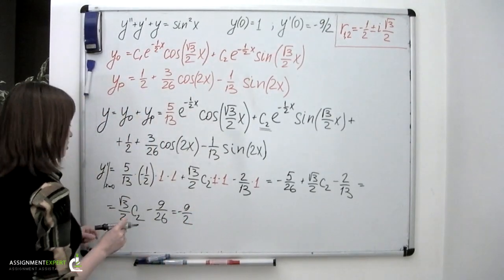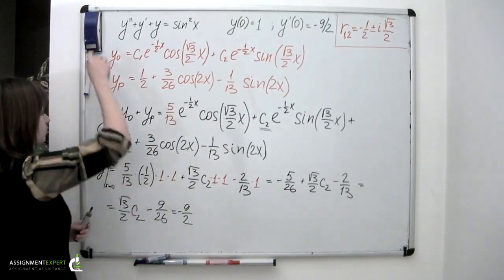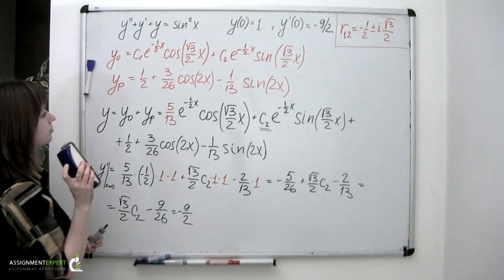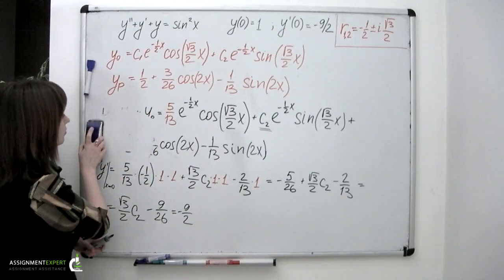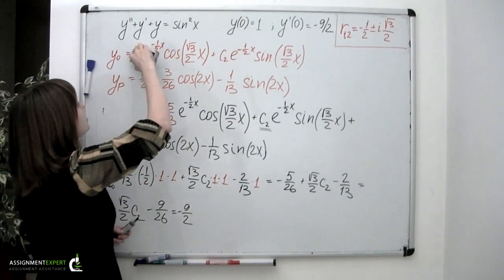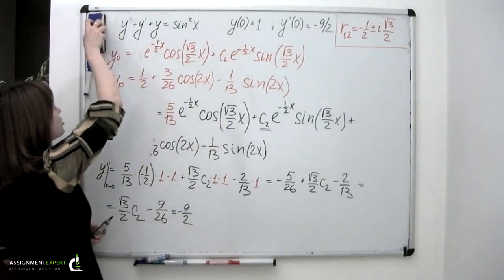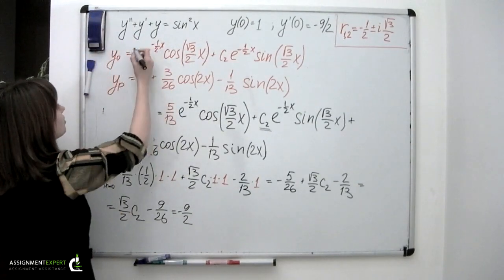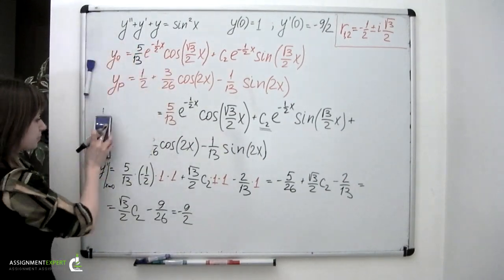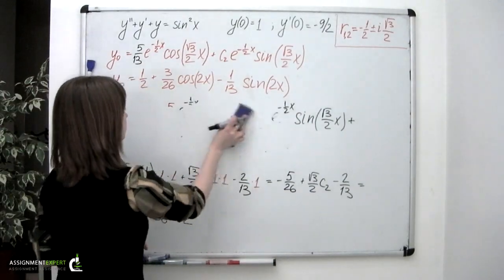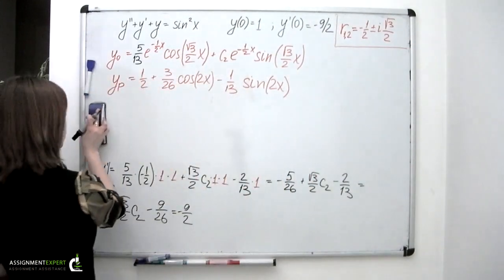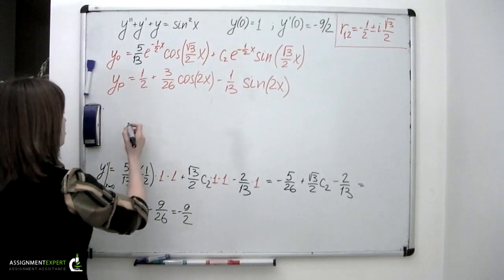So again, we have another equation out of which we'll find another constant C2. Just put this constant into this red expression so that it won't get lost. 5 over 13. So this is the C1 constant we've calculated earlier. And here's our new equation.